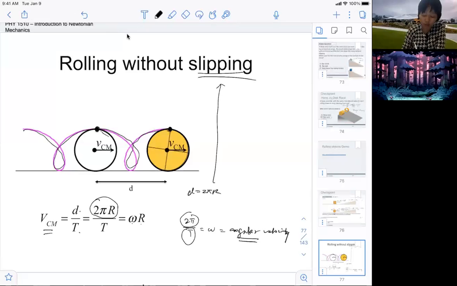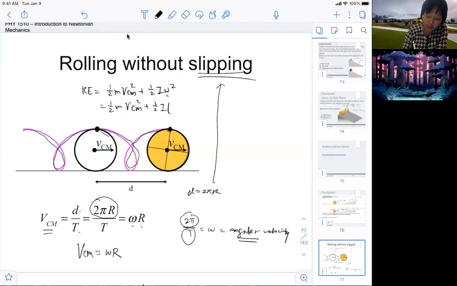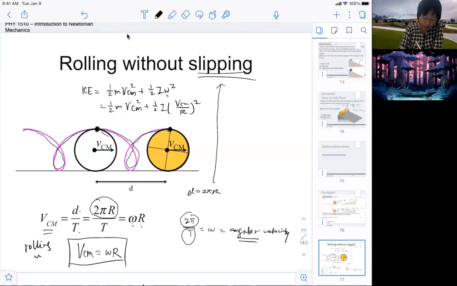So v of the center of mass is omega r, which means the kinetic energy is two parts: 1/2 mv squared plus 1/2 I omega squared. You can replace omega with v, or replace v with omega. So omega is v over r, and you can write it like that. This is the condition for an object rolling without slipping.